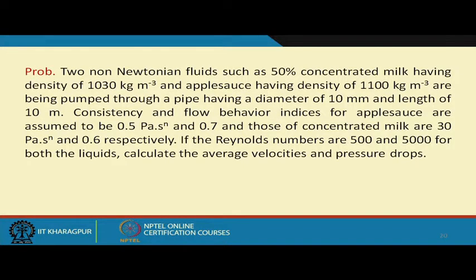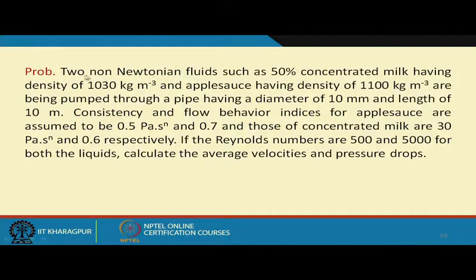Now, to see whether we have understood correctly or not, let us go for a solution of a problem. Two non-Newtonian fluids, such as 50% concentrated milk having density of 1030 kg per meter cube and apple sauce having density of 1100 kg per meter cube, are being pumped through a pipe of diameter 10 millimeter and length of 10 meter.